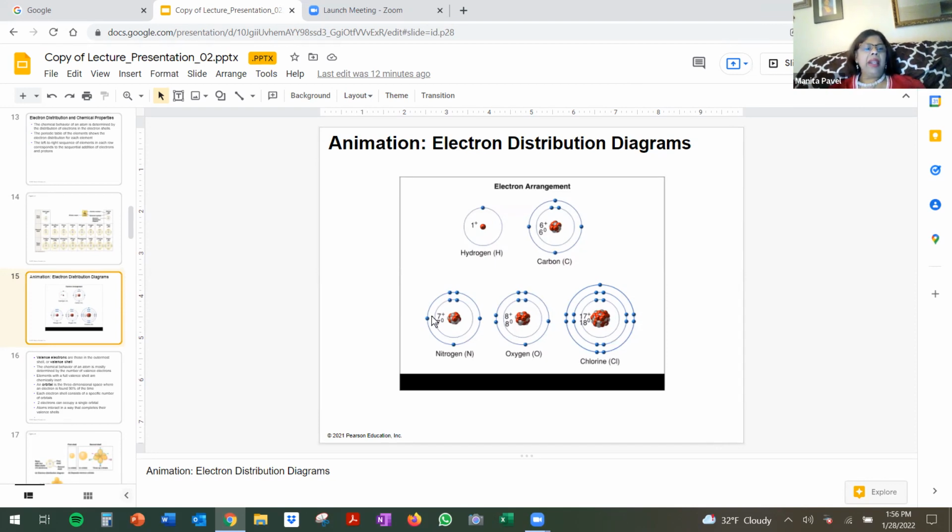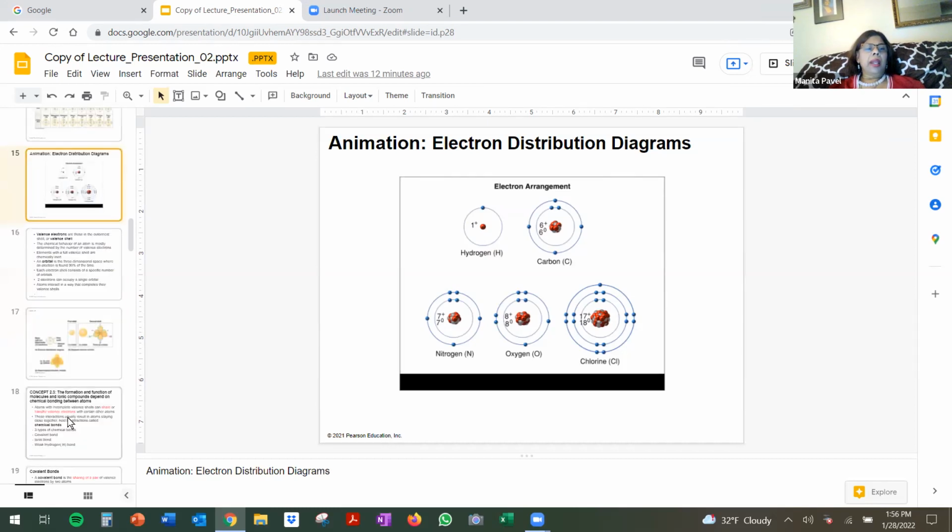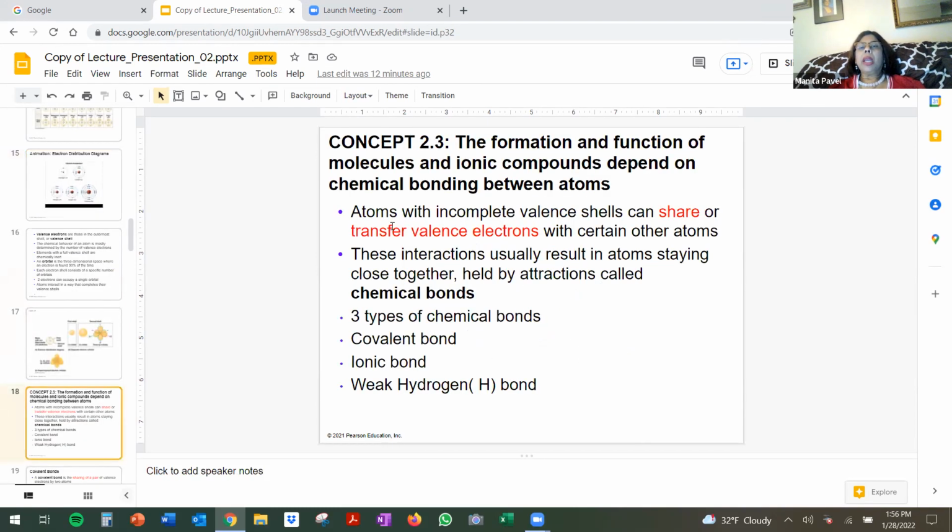So what then is a chemical bond? In my opinion, a chemical bond is a force of attraction that exists between 2 or more atoms. Normally, if you were face-to-face in the class, I would ask you to hold hands with your adjacent partner.